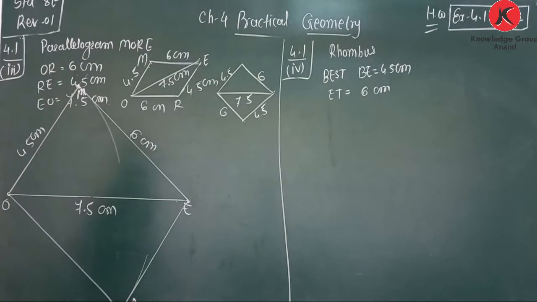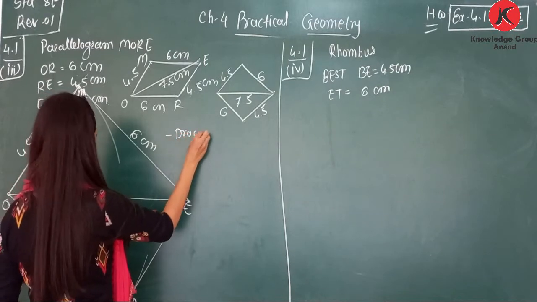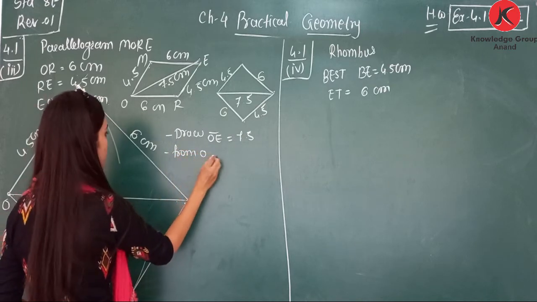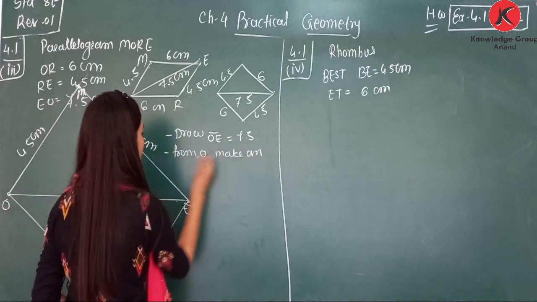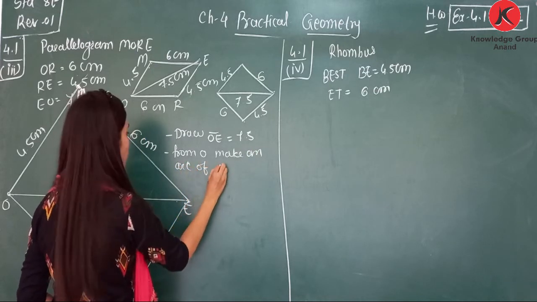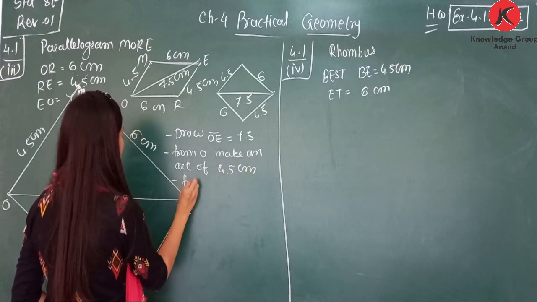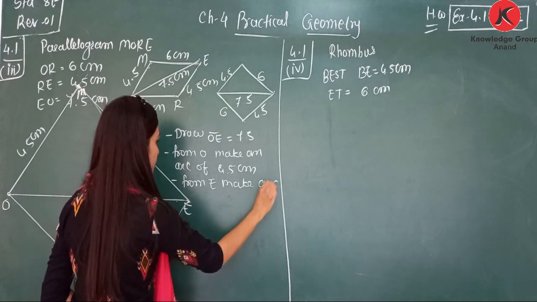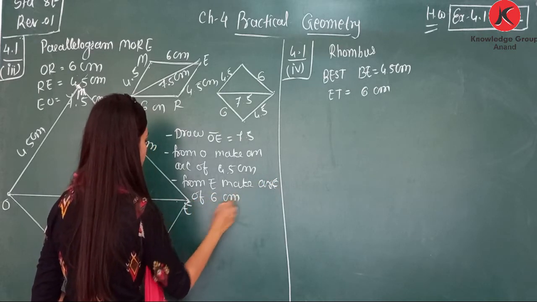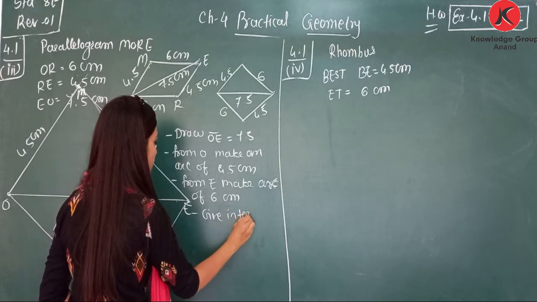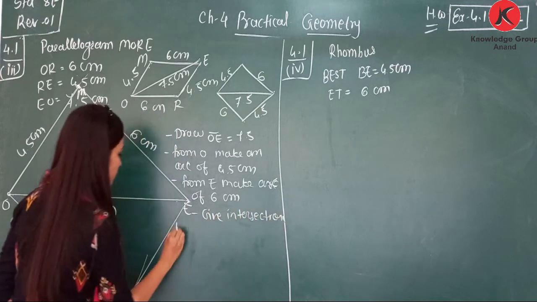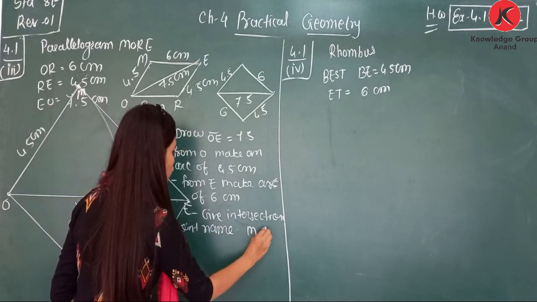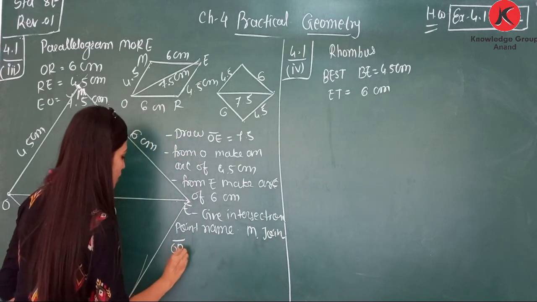So what will be your step? Draw OE of 7.5. From O, make an arc of 4.5. From E, make an arc of 6 centimeter. Give intersection point name M and join OM and EM.